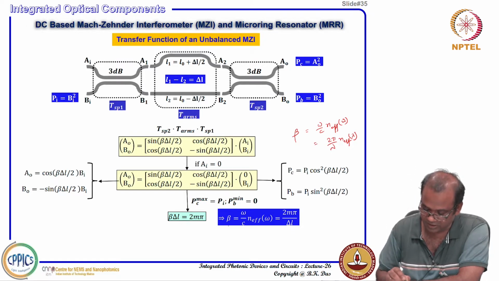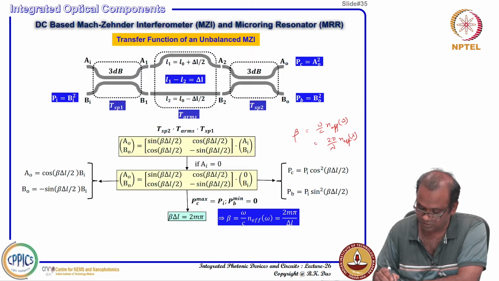So beta equals this, and here beta equals 2 m pi by delta L. So now I can write omega by c times n effective of omega equals 2 m pi by delta L.